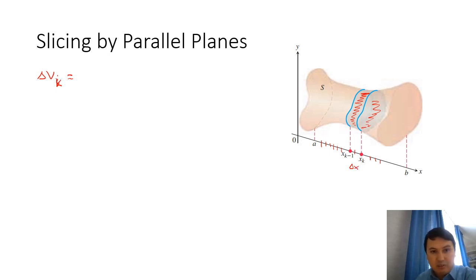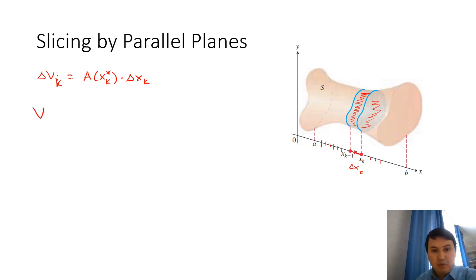So let's get V_k. Here I get this area, let's call it A with respect to x_k, or x_k star, if you pick some point inside of this interval. That's my area. I multiply by the height, which is delta x_k, the width of this interval, and that gives me one small piece of volume.